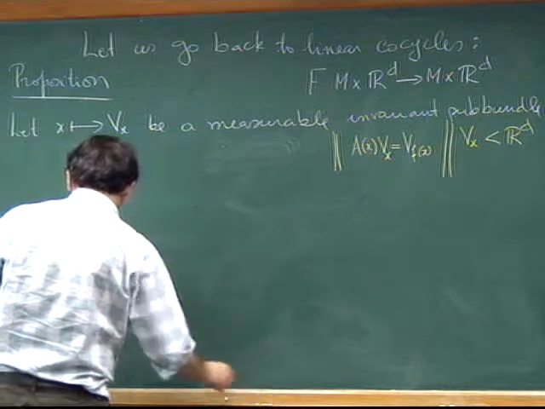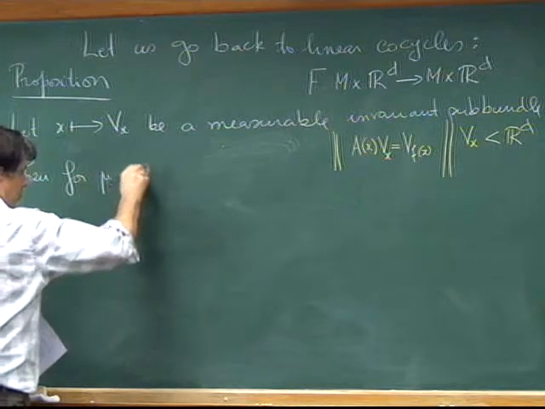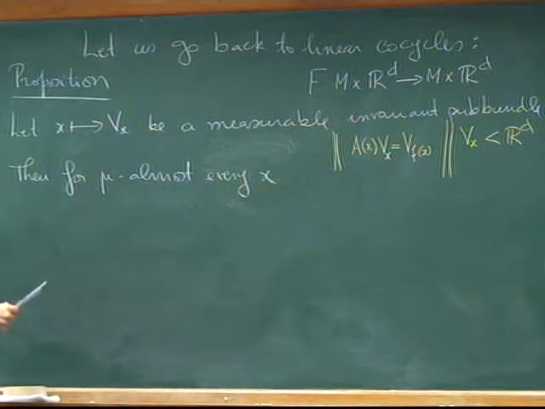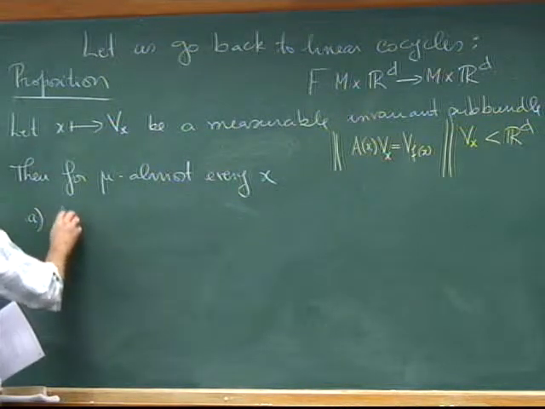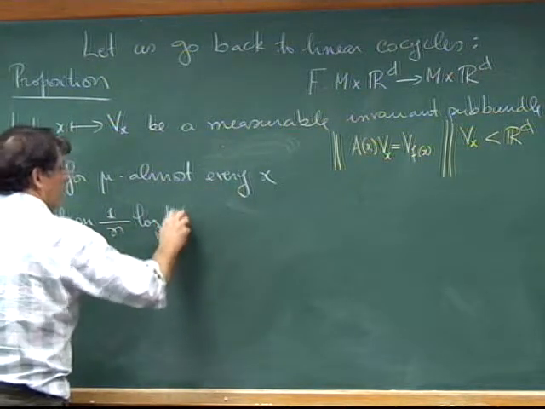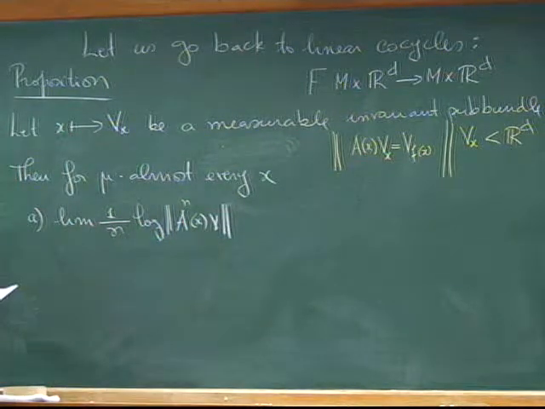And then the statement is, for mu almost every x, these two limits exist. Limit 1 over n log, no, sorry, that's not what I want to say.